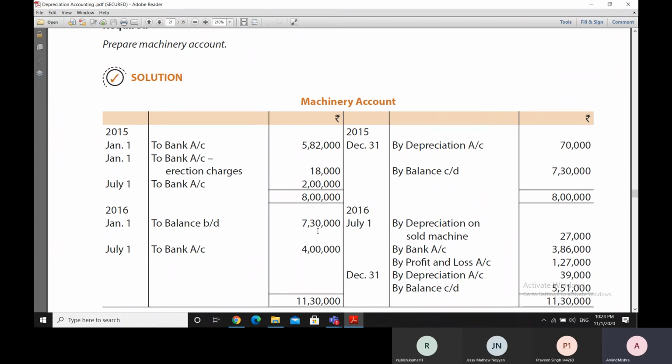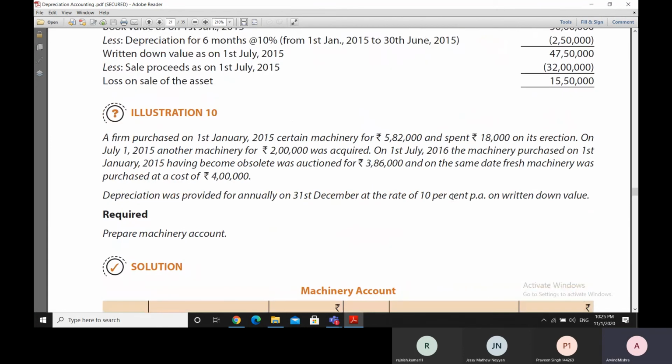Now, having done that, this amount of 7,30,000 rupees will be brought forward to the next year on 1st January 2016. Thereafter, we have to allow a depreciation on the sold machine, because on 1st July 2016, the machinery which was purchased on 1st January was auctioned for 3,86,000 rupees.